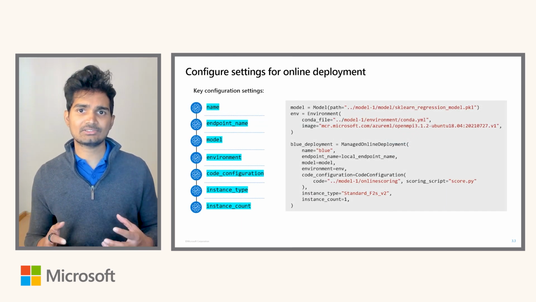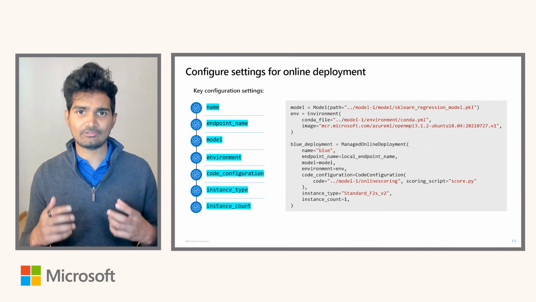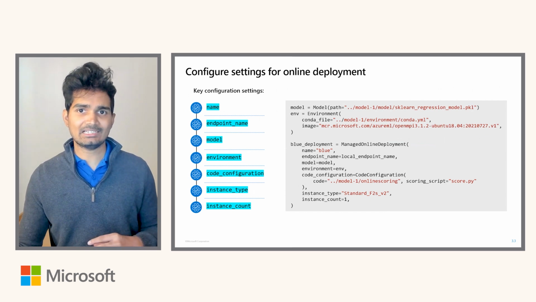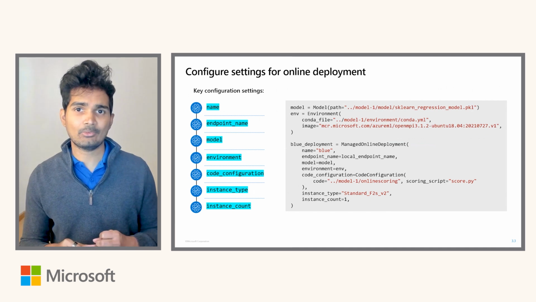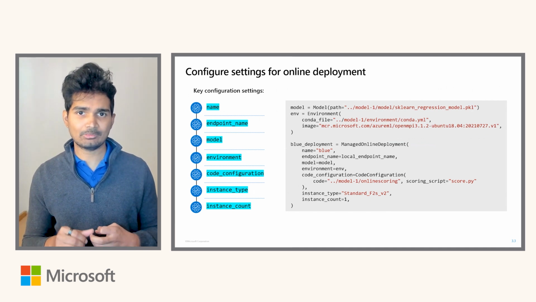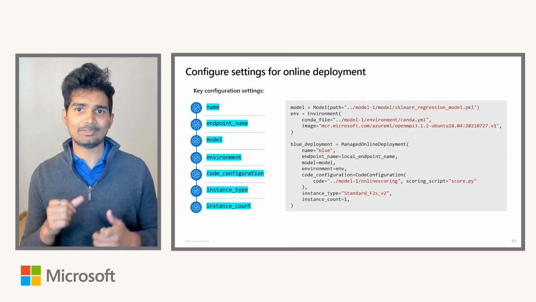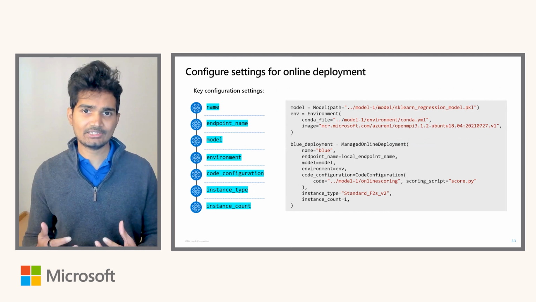Understand the process around online deployments. The key configuration settings for real-time deployments are: specify a unique name for your deployment configuration. Define the endpoint name where the model will be deployed. Register and select the model to be deployed and ensure it is correctly packaged and versioned.